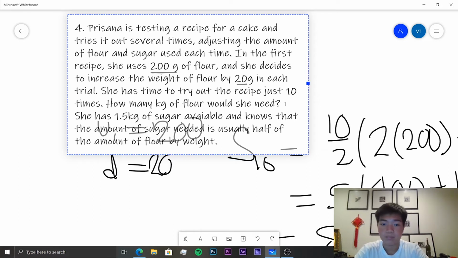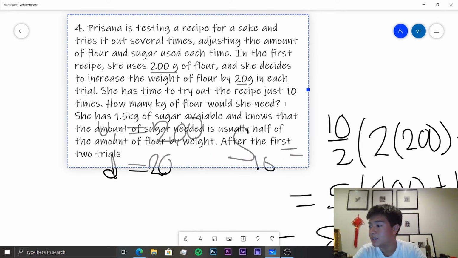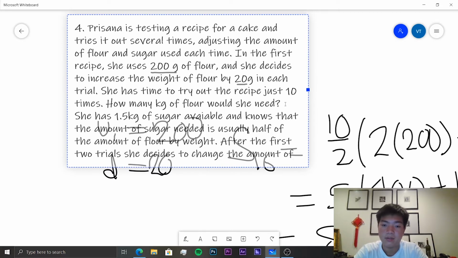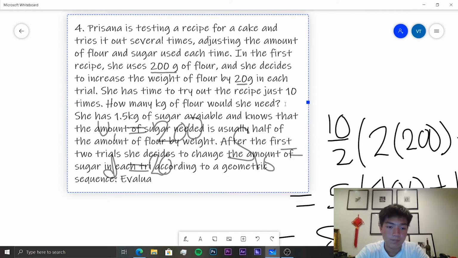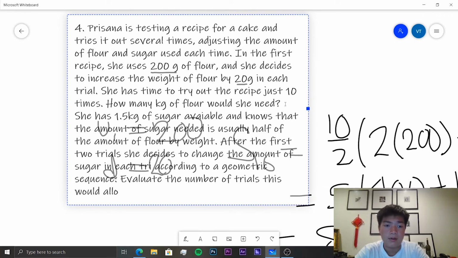If after the first 2 trials, she decides to change the amount of sugar in each trial according to a geometric sequence, evaluate the number of trials this would allow her to carry out.